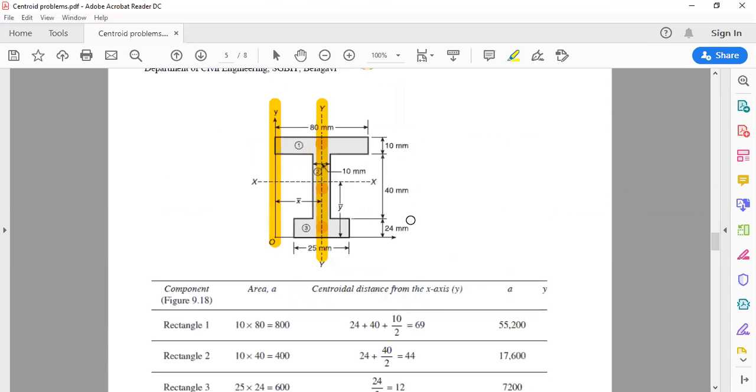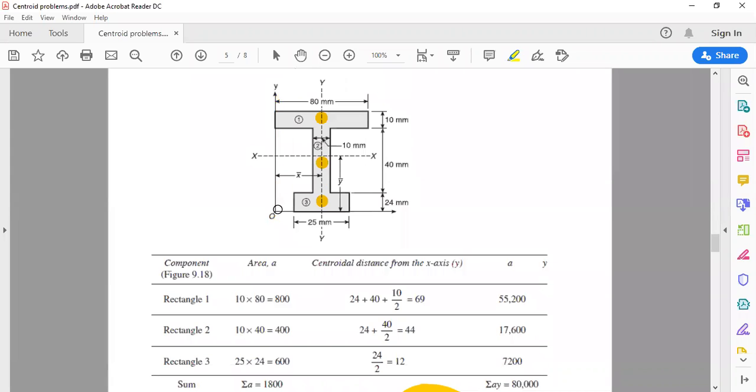Now we are interested in calculating y bar. For y bar, we are going to consider the reference x-axis for calculation.